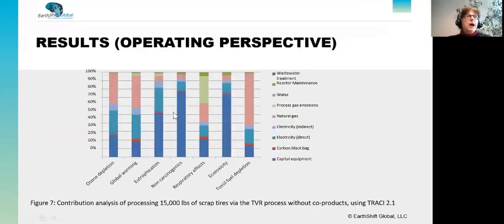If we just look at the operating perspective here, and so we're not looking at what's being produced, and now we're looking using TRACI as opposed to ReCiPe, we see that natural gas is still a pretty big contributor. One thing that I'll point out here, the capital equipment is also a pretty big impact here.